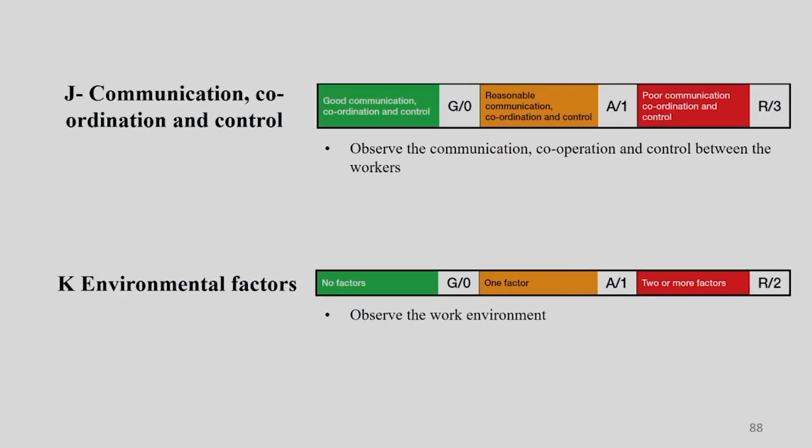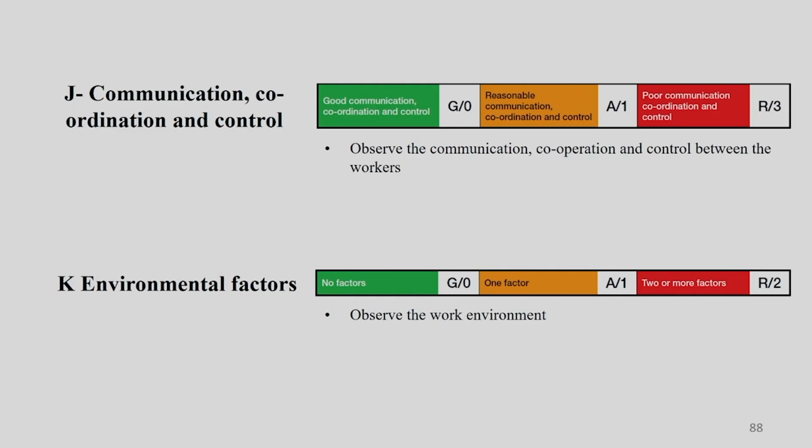Here the new point is communication, coordination and control. So, good communication, good coordination and good control by all the operators, whether it's 2 persons, 3 persons or 4 persons, whatever it is, if it has all these things good.